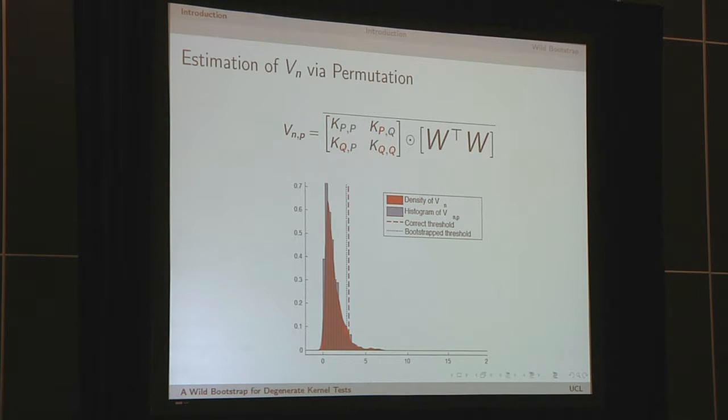It turns out, and it can be proved, that the distribution of the bootstrap V statistic converges to the true distribution of the V statistic. As a result, the bootstrap threshold converges to the right threshold. So now we've got a way to approximate the correct threshold, and therefore we can perform a statistical test.